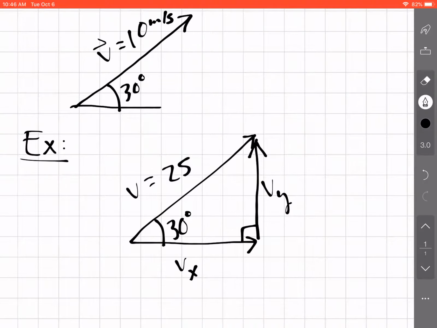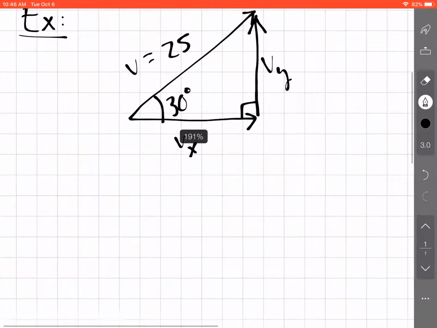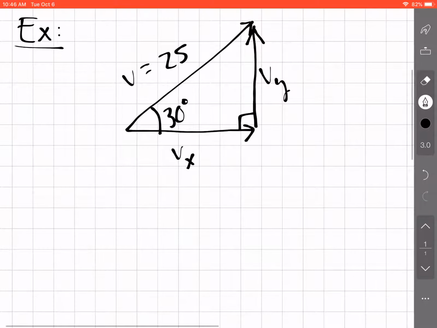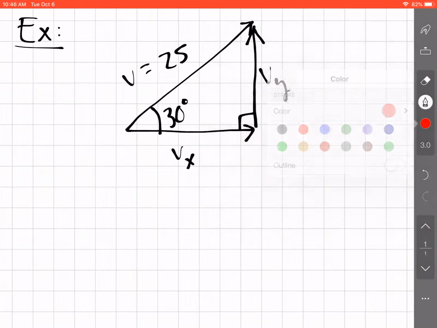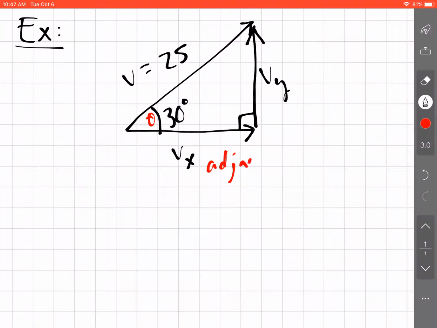The way we do this is we use right triangle trig. If we label the sides of this triangle, with our angle down here where 30 is, we have the adjacent side, the opposite side, and the hypotenuse.